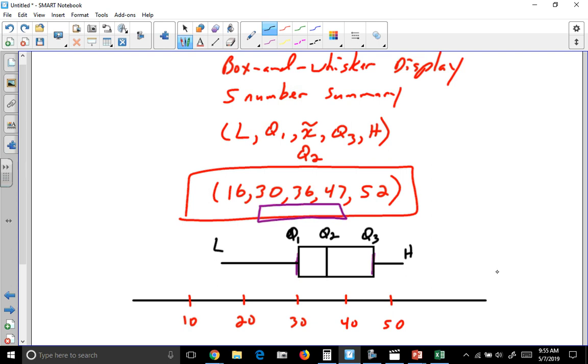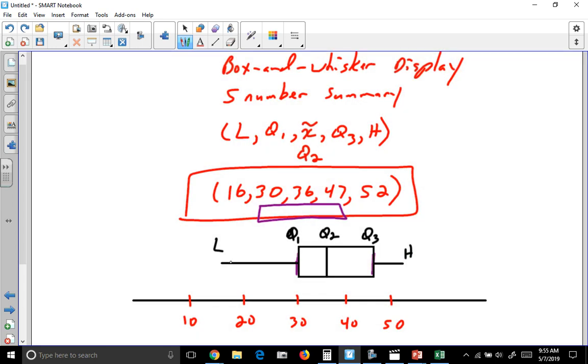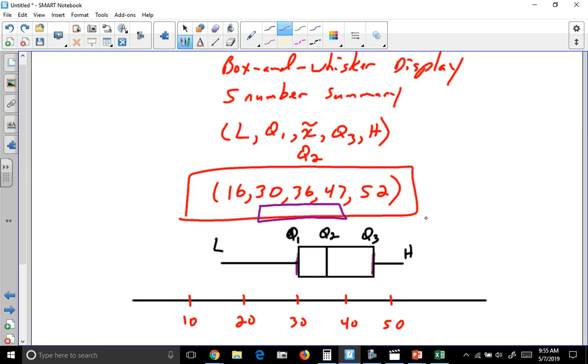It breaks our data into quarters. So there is the same amount of data in each of these sections. That's the first quarter, that's the second, that's the third, and that's the fourth. There's the same amount of data in each one of these regions.